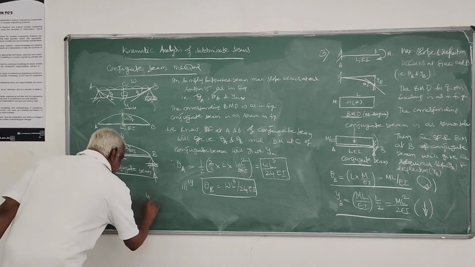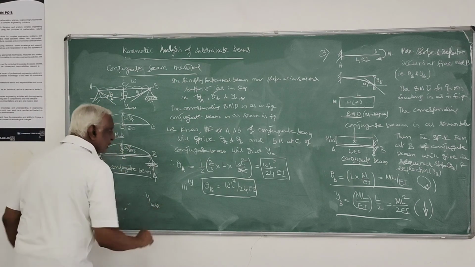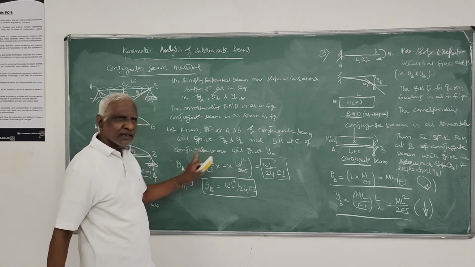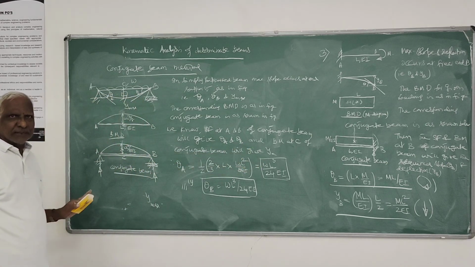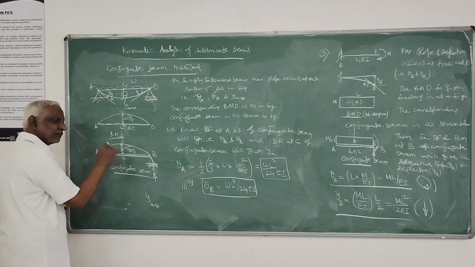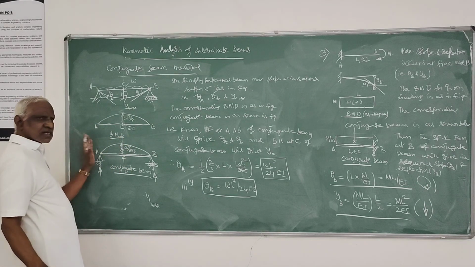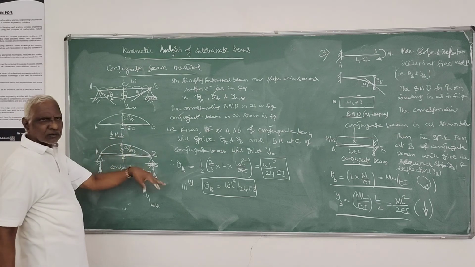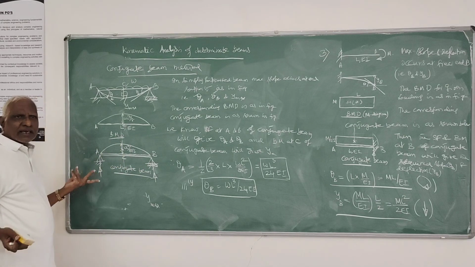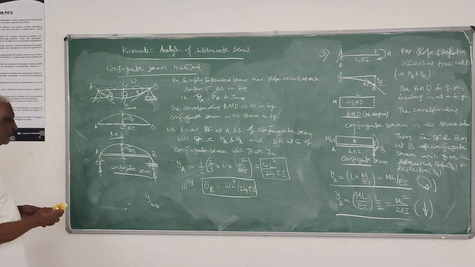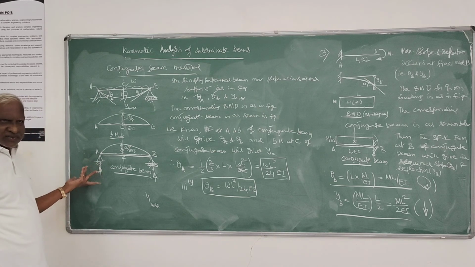Then Y max. That also, as I have told, is nothing but the bending moment at C. So this is the section C. Either you take the moment of all loads towards the left or towards the right and evaluate. So I will take left. Both are the same.